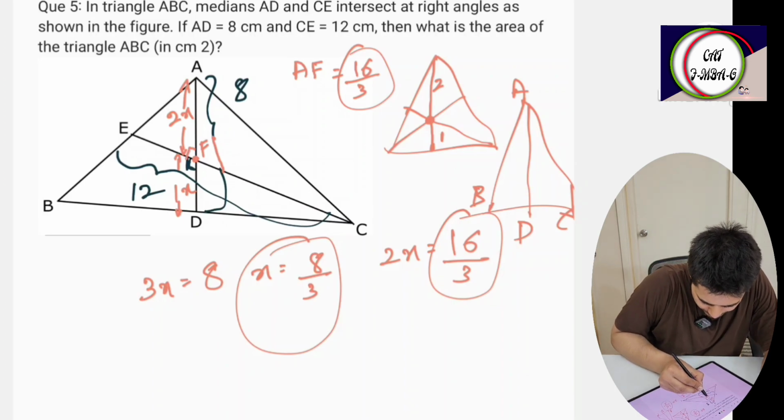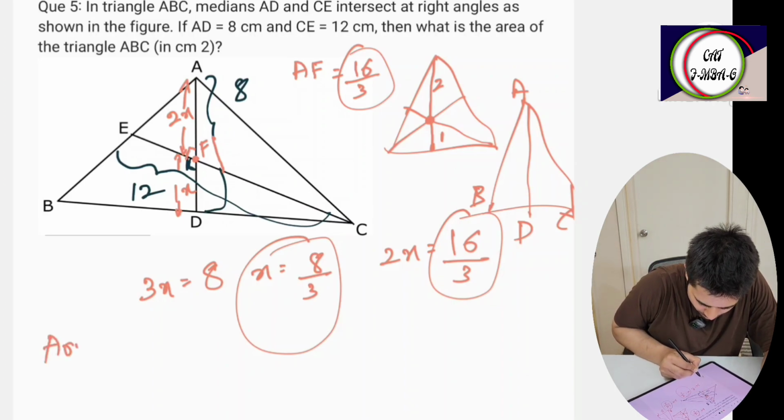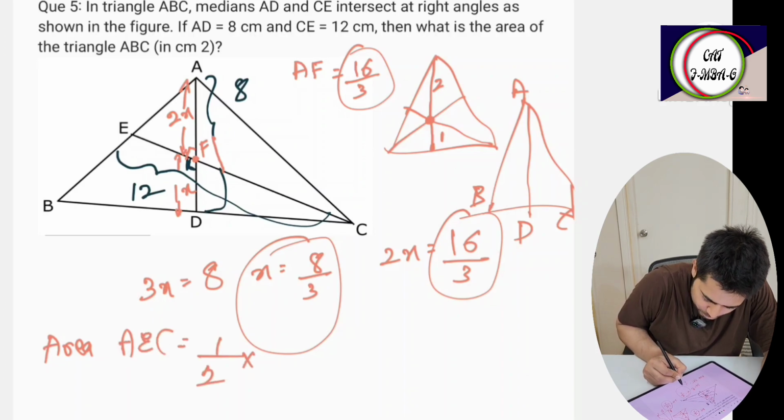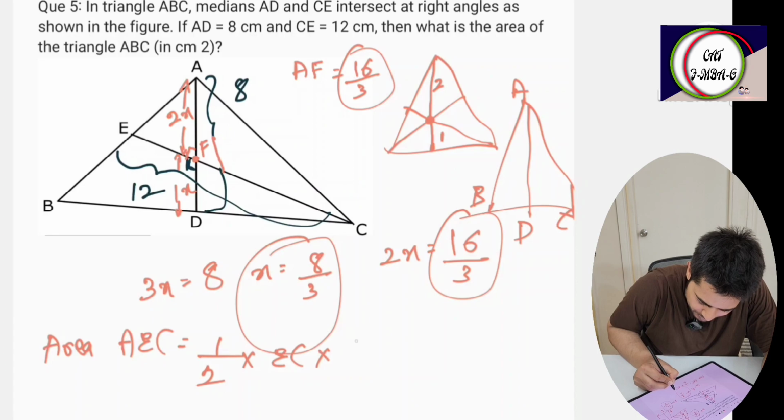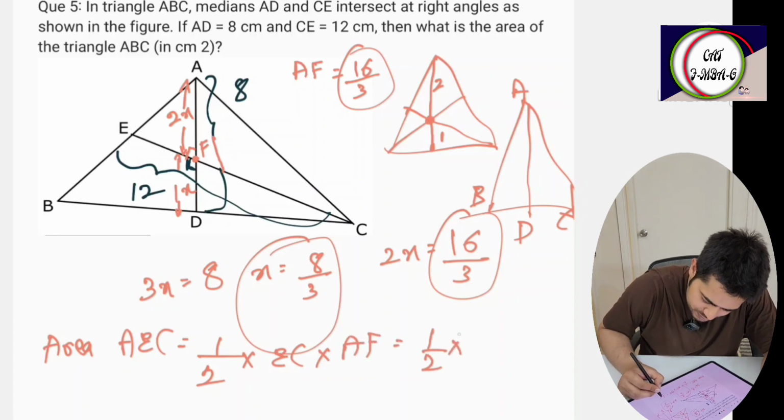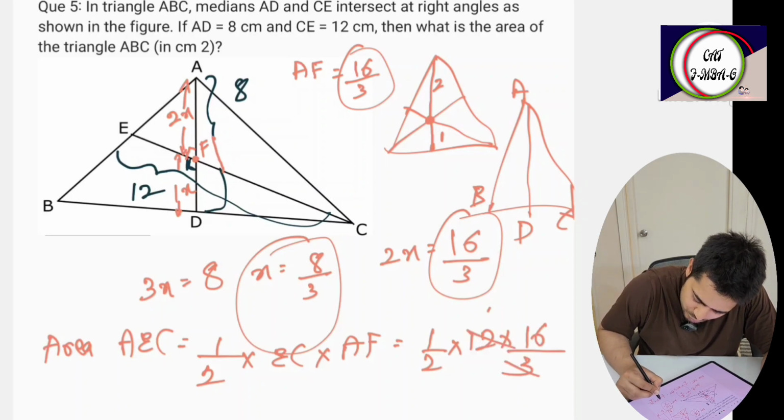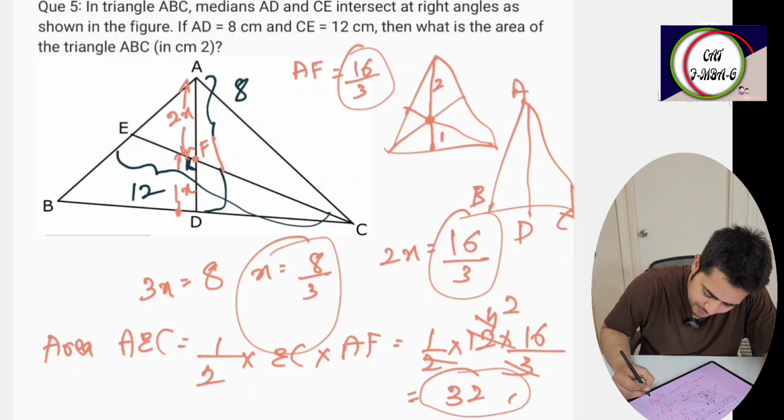Since this is 90 degrees, area of AEC is going to be half into base EC into height AF. So this is half into EC, 12, into AF, 16 by 3. So 3, 4, 12, 2. So this is 32 centimeter square.